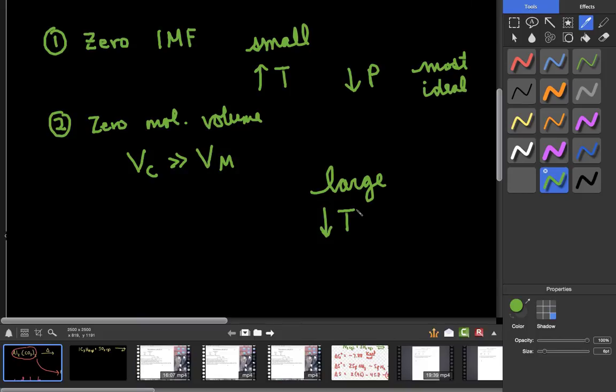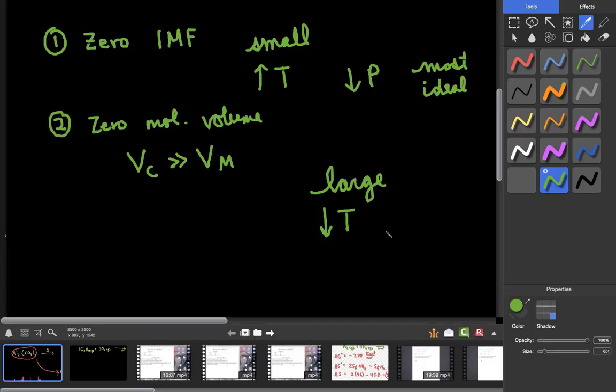An analogy I often use, if you are participating in a sport and you're interacting too much with your friends during practice, coach can fix that by making you run faster. The faster you run, the more out of breath you are, the less you are able to interact with your friends at practice. So low temperatures would make IMF significant.